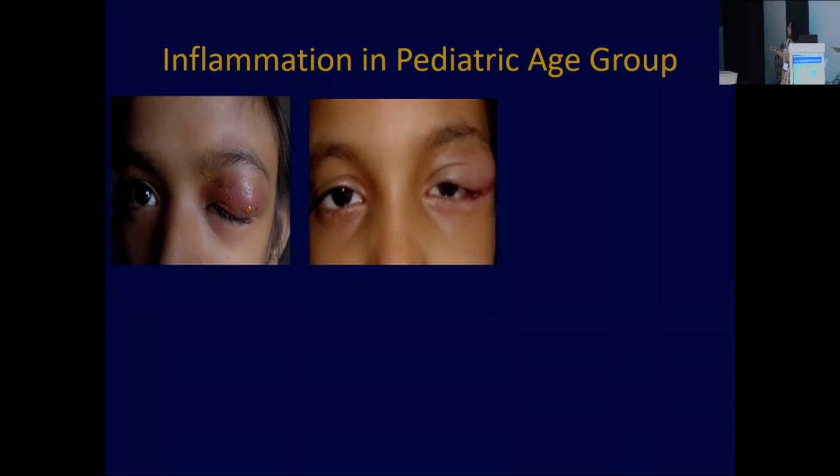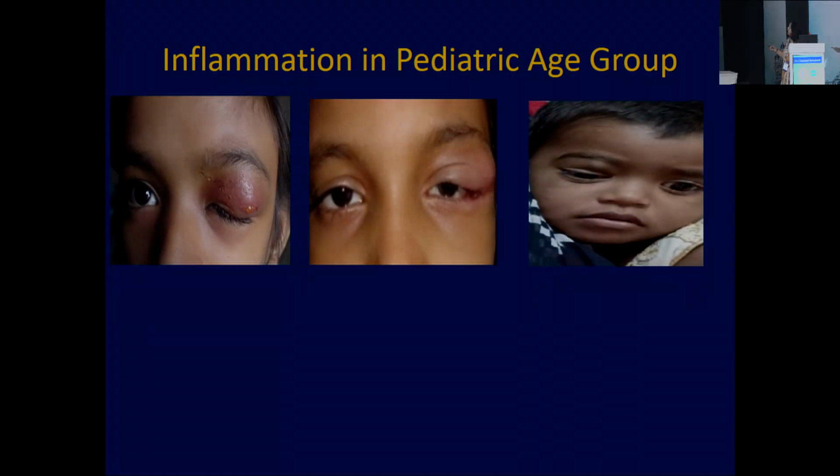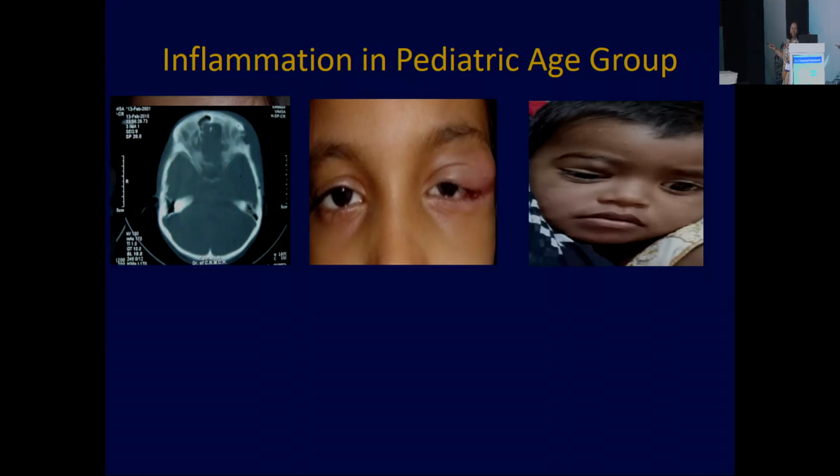Another set of questions. What are these? The age groups are 9 years, 11 years, and a 3-year girl. All of them can come to you as a picture of orbital inflammation. See, what is this? We drew almost 10 cc of caseous pus, and there is an osteolytic lesion in the axial CT scan, in the bone.